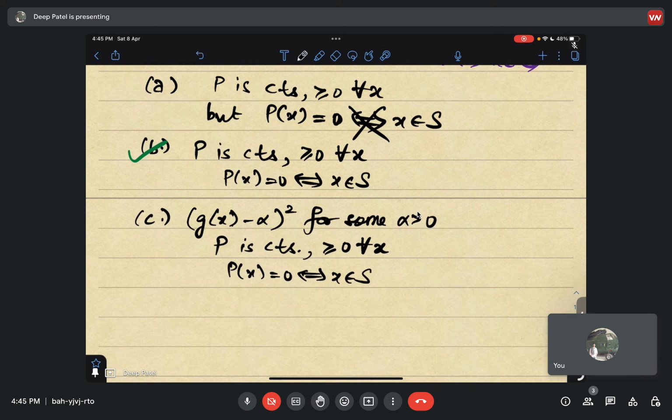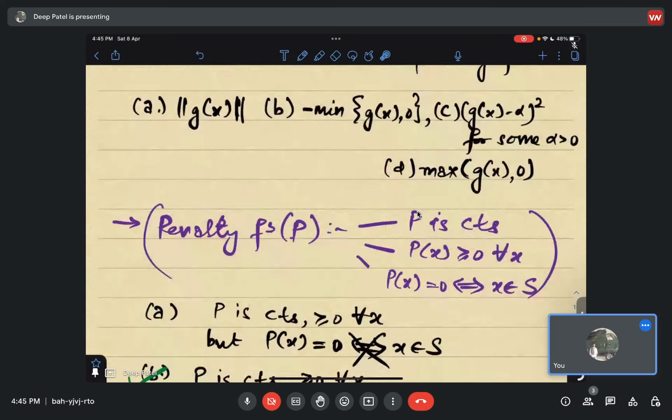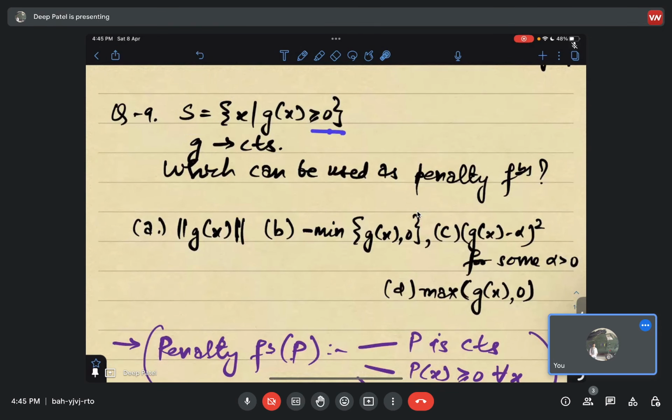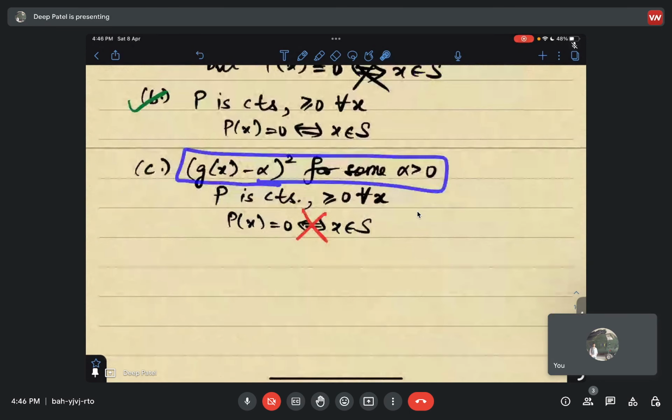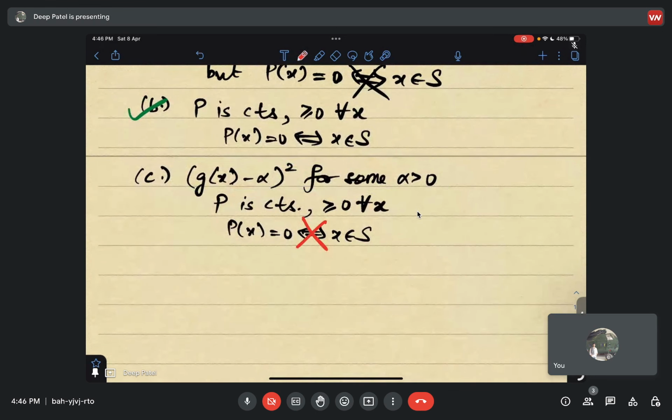No, this doesn't hold. The only way it can happen is if g of x is exactly alpha. But S contains all x such that g of x is 0, and this is for some fixed alpha greater than 0. So this doesn't work.